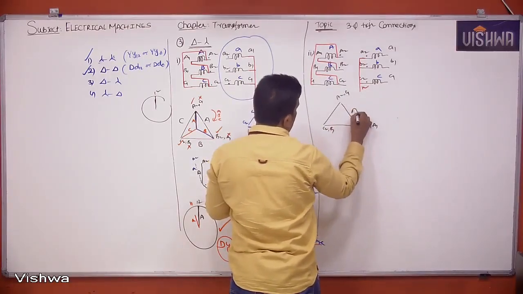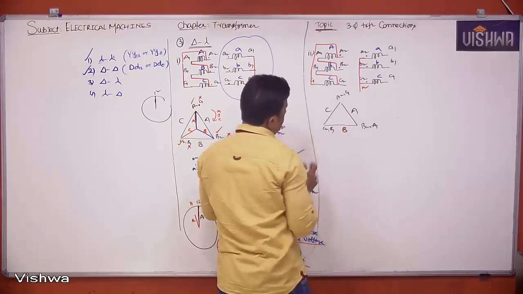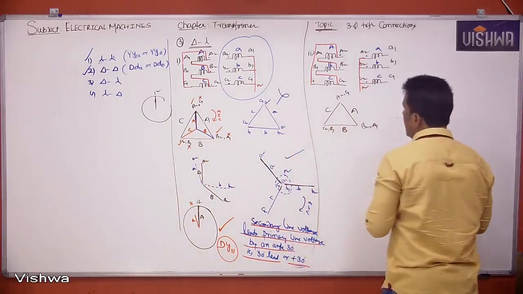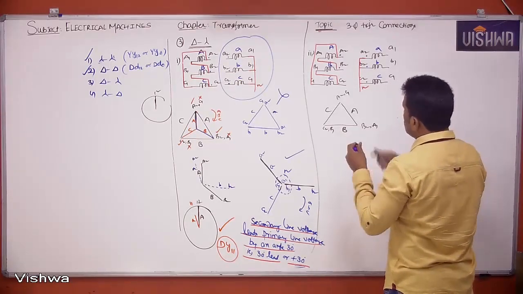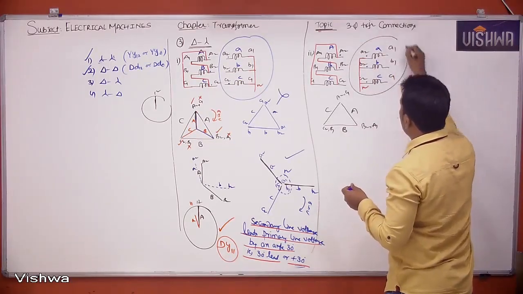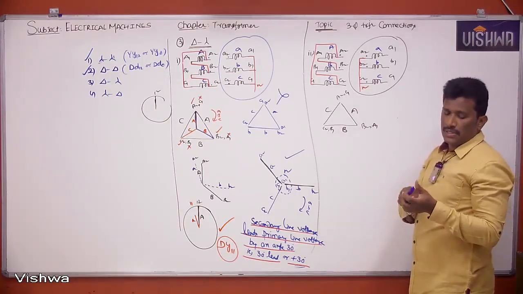A1, A2 capital A, B1, B2 capital B, C1, C2 capital C. Is it clear? Right. Now, without seeing this secondary connection, please try to draw it. After that, we will decide whether this is correct or not.